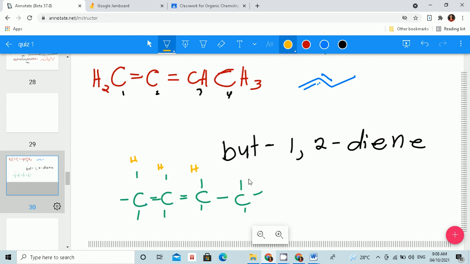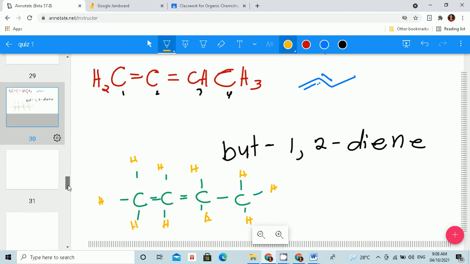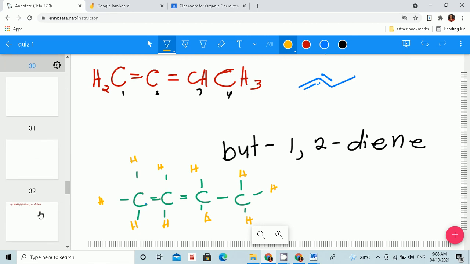H, H, H, H, then H, and then H, and then H, and then H, and then H. So here it is. This is our but-1,2-diene. Okay, now let's go to number three.